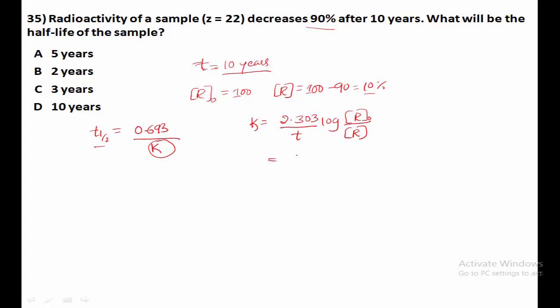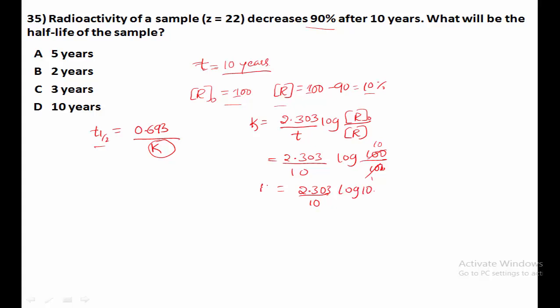Now substitute the values. So 2.303 divided by t, which is 10 years, log of initial concentration 100 and final concentration 10. Now simplify this: 100 divided by 10 is 10. So the equation becomes 2.303 divided by 10 log 10.